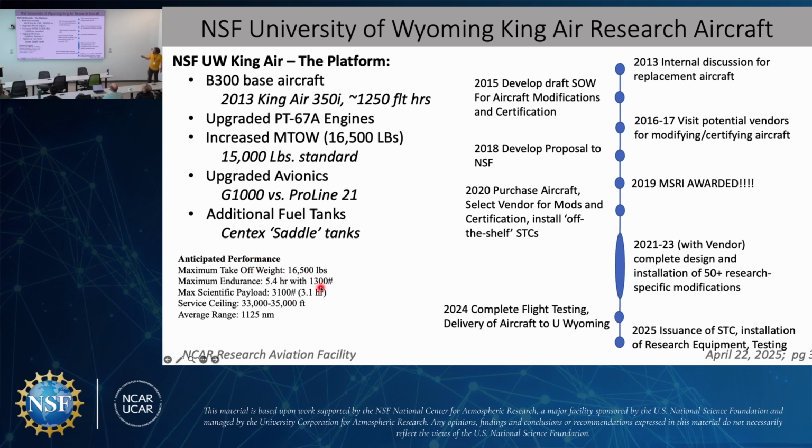This is a timeline of the development of that aircraft. We actually began the discussion of a replacement aircraft in 2013, and we did a lot of early work on identifying the aircraft platform and what type of modifications we were going to make, and went as far as visiting potential vendors for modifying and certifying the aircraft in 2017 and 2018, before we even wrote our first proposal for the aircraft development.